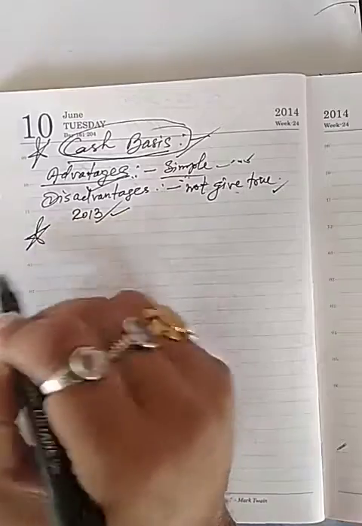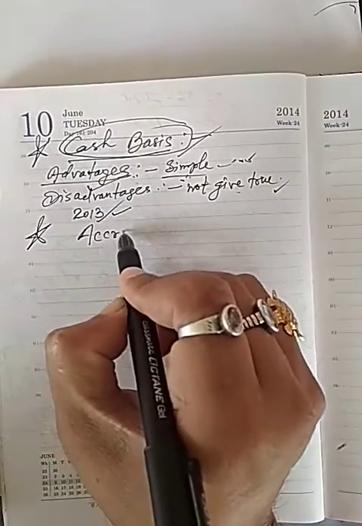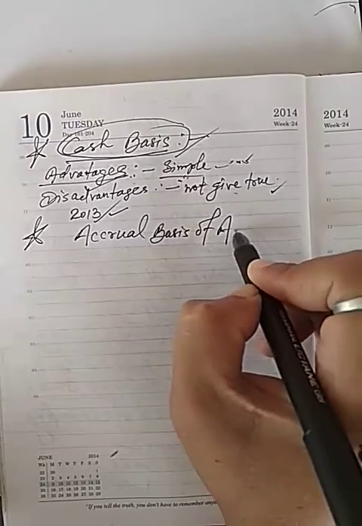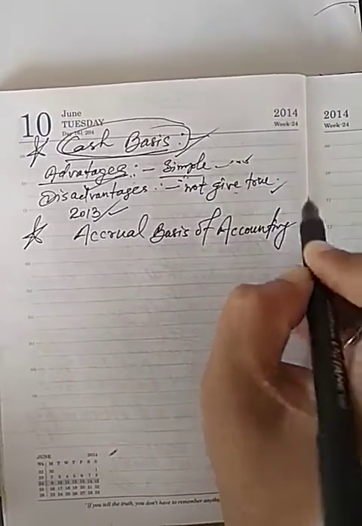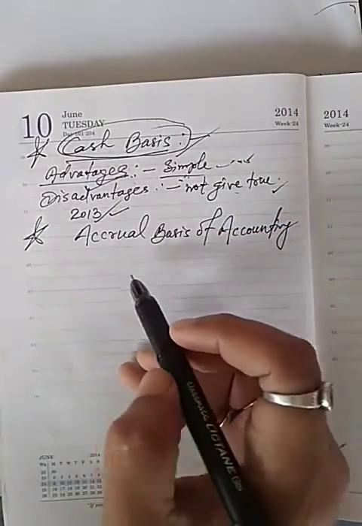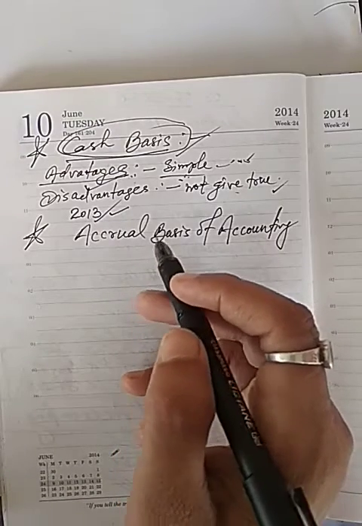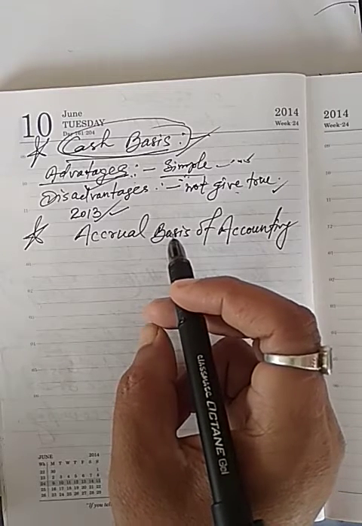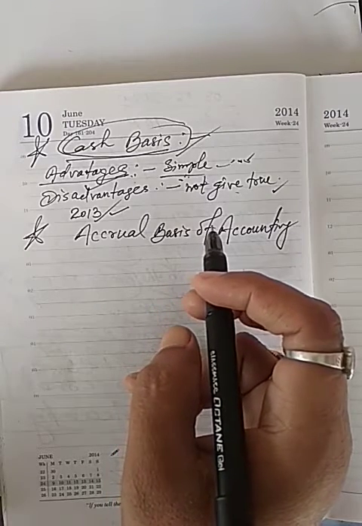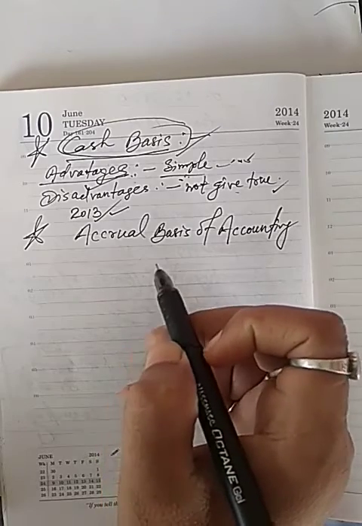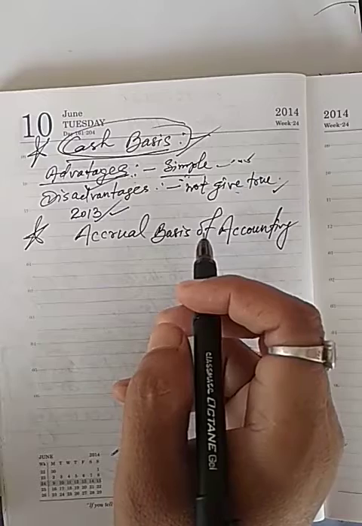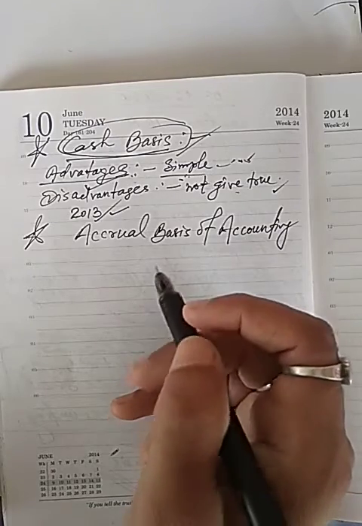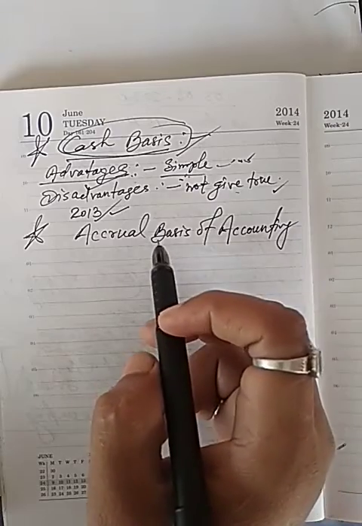Now, accrual basis. Accrual basis of accounting is such a type of accounting in which incomes are recorded when they are earned or accrued, irrespective of whether cash is received or not.